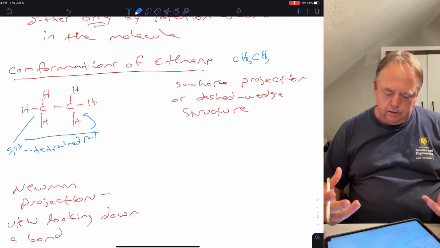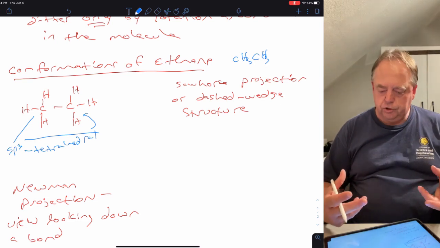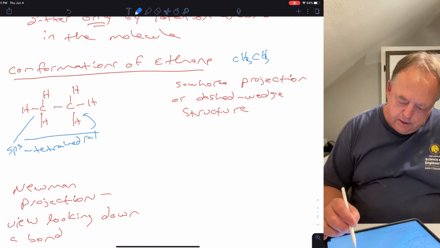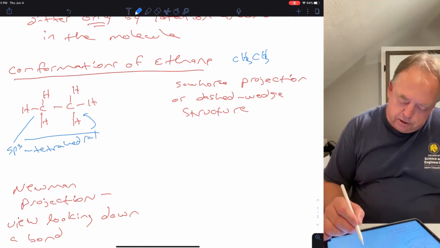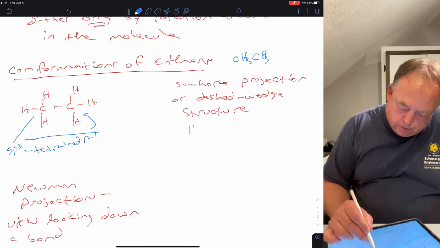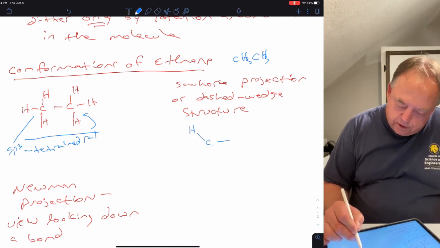If we want to draw a three-dimensional structure on a two-dimensional piece of paper, we can use what's called a sawhorse projection, or a dashed wedge projection. So we could draw what the molecule looks like in three dimensions like this.